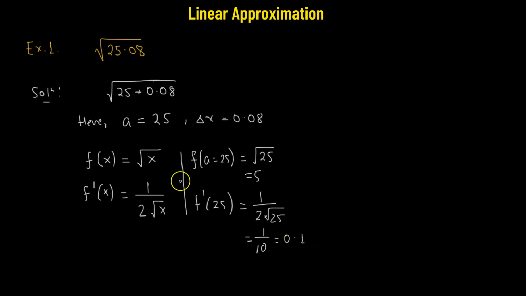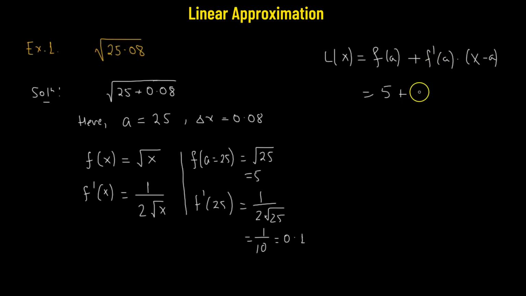Now that we have the value of f of a and f prime of 25, we can use the linear approximation function L of x, which is given by f of a plus f prime of a multiplied by x minus a. So our f of a value is 5 plus f prime of a, which is 0.1, multiplied by x minus a, here 25. So this is our linear approximation function.